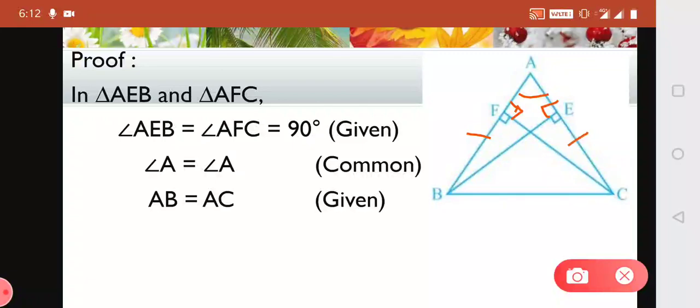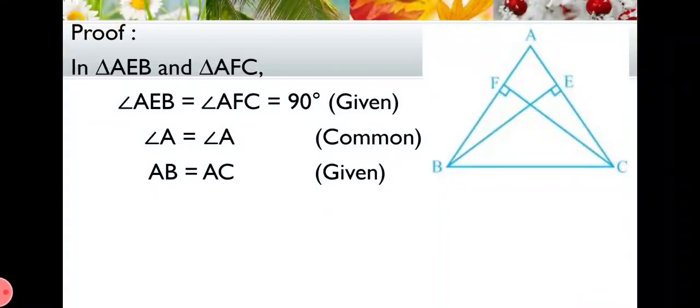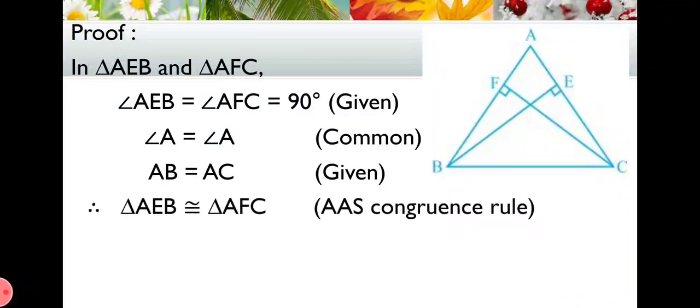So both the triangles are congruent to each other. Therefore, triangle AEB congruent to triangle AFC according to AAS congruence rule. Implies that BE equal to CF, that is CPCT. Hence, proved.